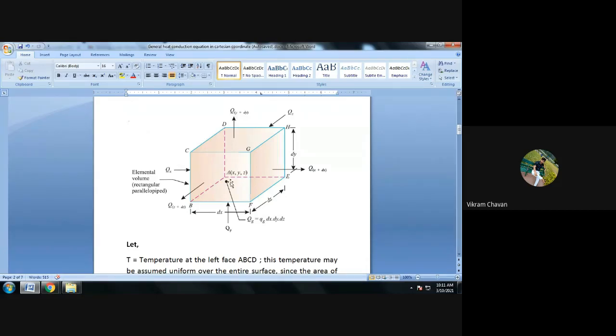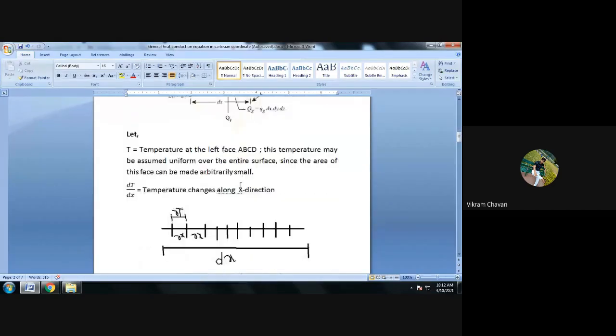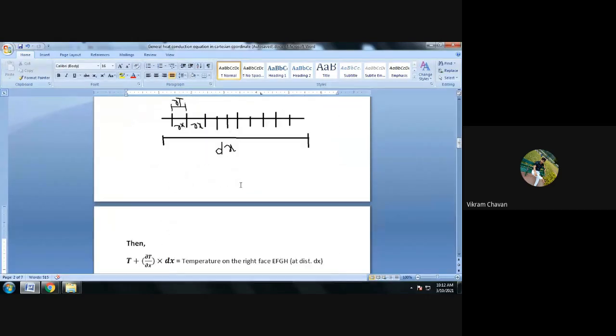Also some amount of heat is generated inside the element. So qg amount of heat is generated inside the element. Some amount entered, some amount leaving, some amount generated. So the summation of all these things will be considered, or we can say that the equation format of this heat will be considered as the energy balance equation for this element.